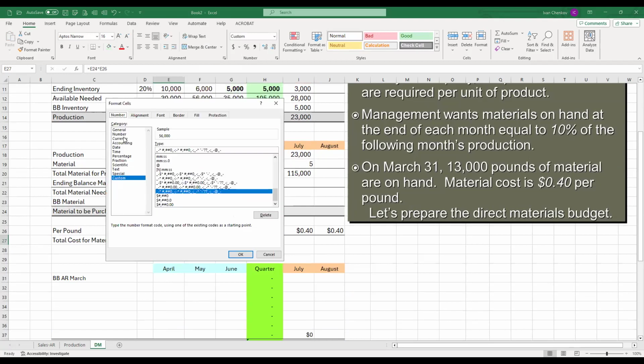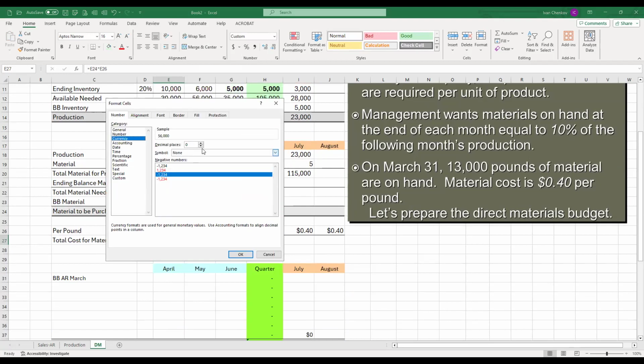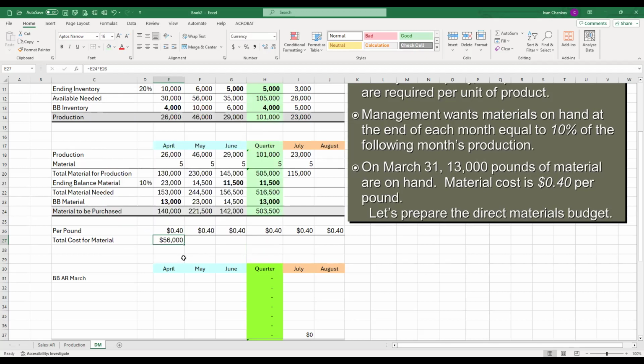Now let's grab dollars from somewhere. Format cells, and let's put it as currency and eliminate the decimals, so decimal places is 0. Okay, like this.